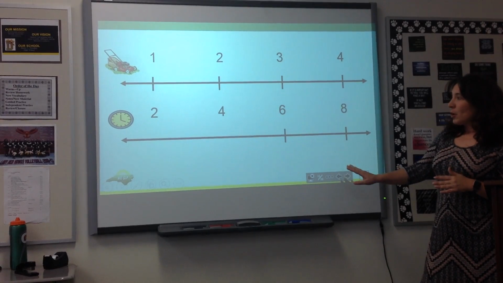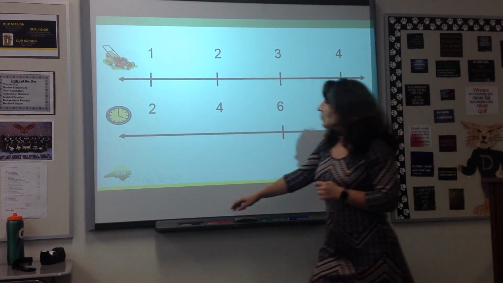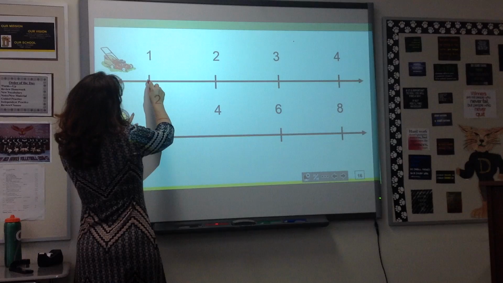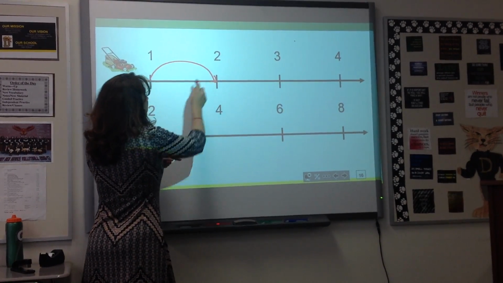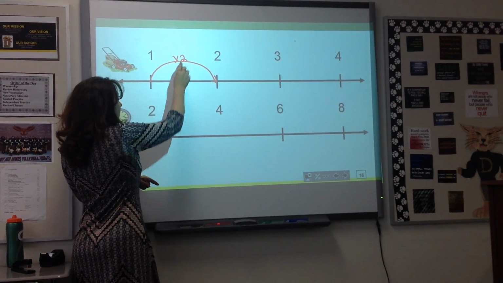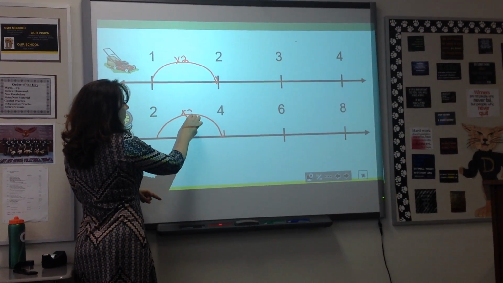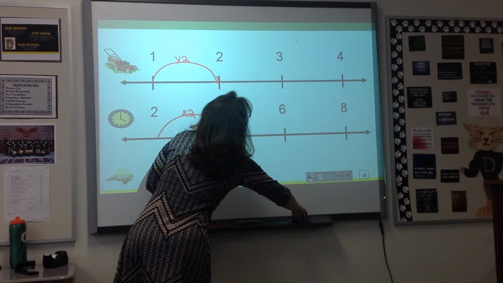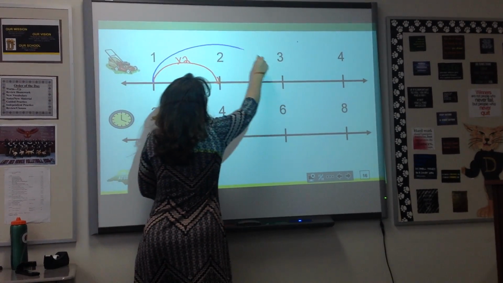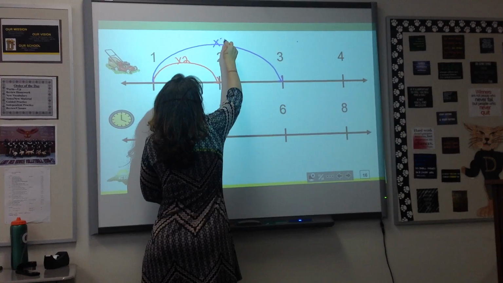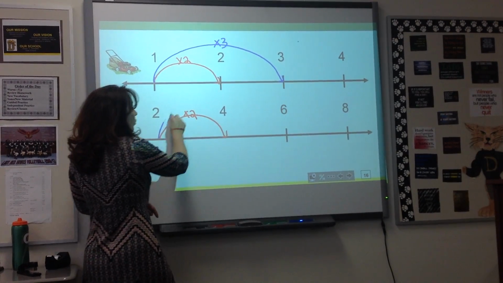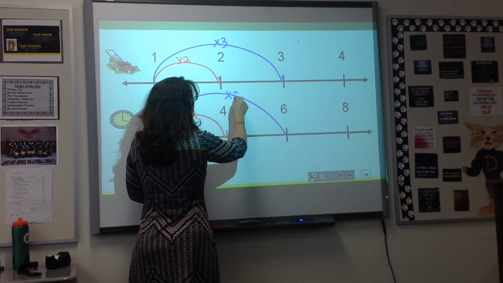Now, let's look at the double number line. From 1 to 2, I'm doubling. And from 2 to 4, I'm doubling. From 1 to 3, I'm tripling. From 2 to 6, I'm tripling.